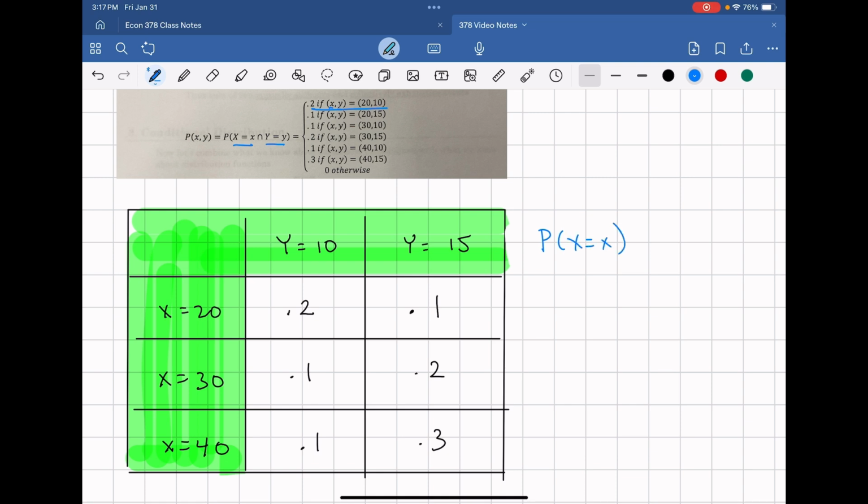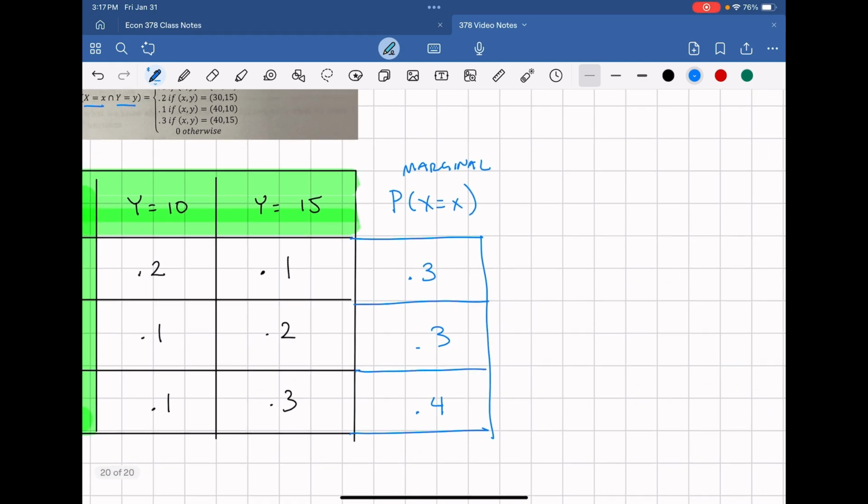And this is going to be our marginal distribution. So we'll call this the marginal. And all we have to do is just add the probabilities across both potential outcomes of y. And so here is where we have our marginal distribution of x. So that's one way to write it within this table.